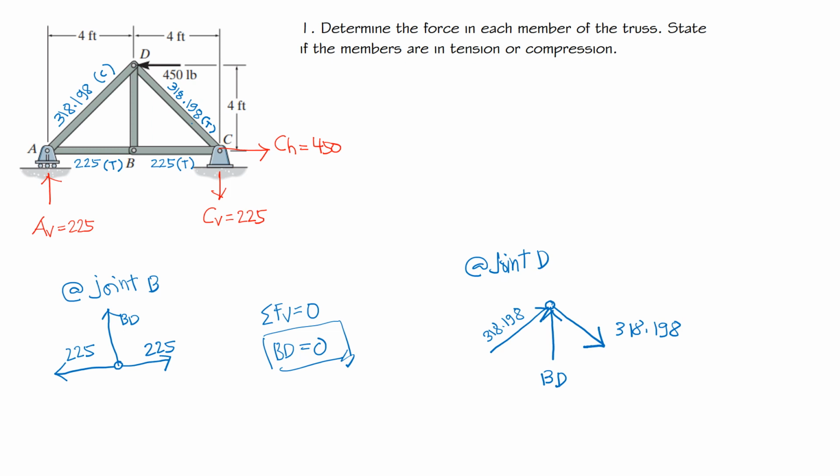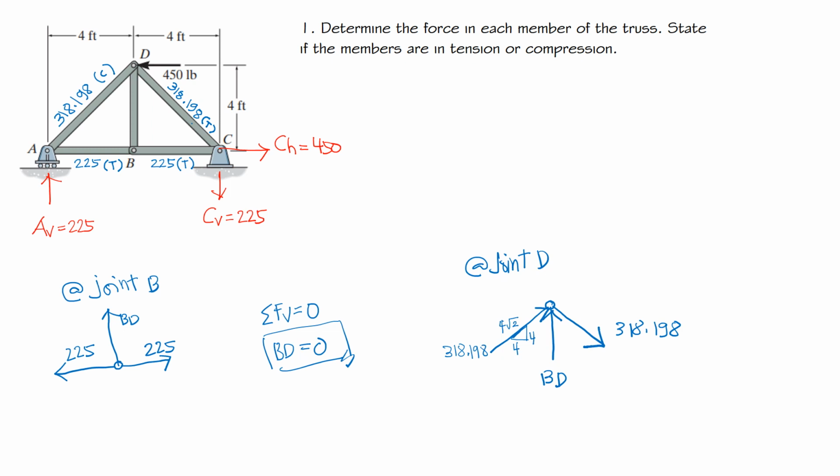Okay, so of course, still have the slope 4, 4, and the hypotenuse is 4 square root of 2. So this force is 318.198.